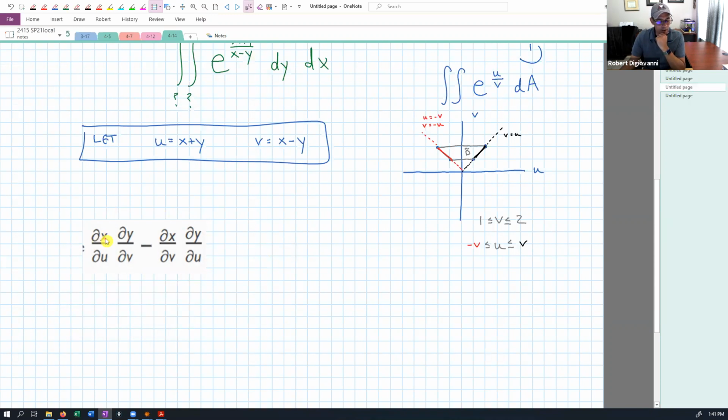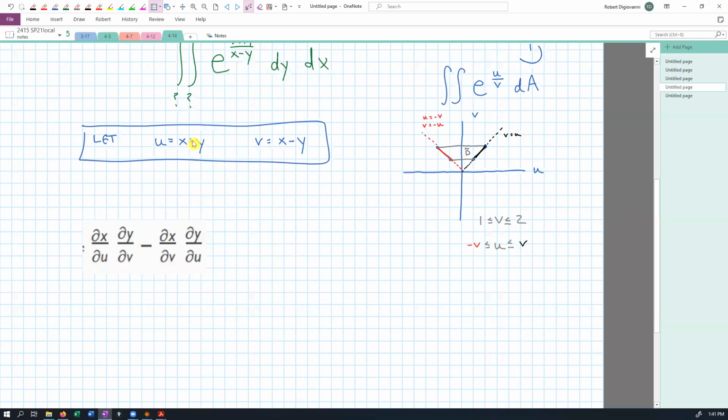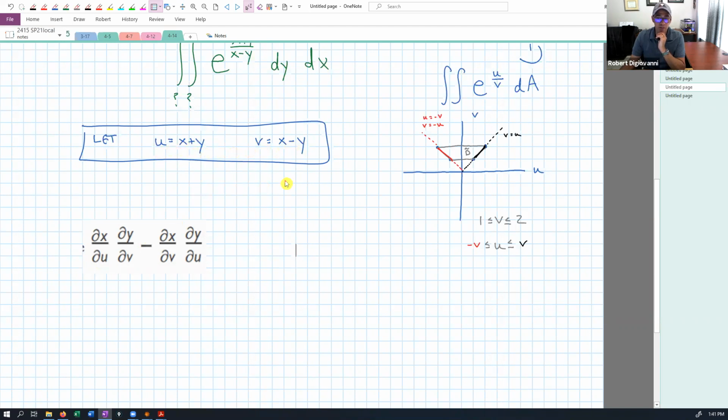We need the partial of x with respect to u, right? So we need to solve for x and y. We need to try and get these both in terms of x equals some function of u and v, and y equals some function of u and v.